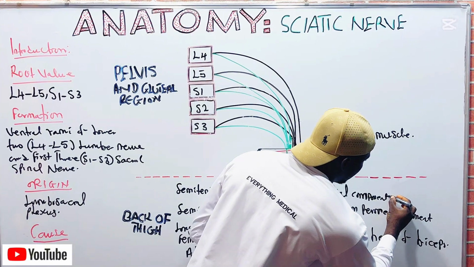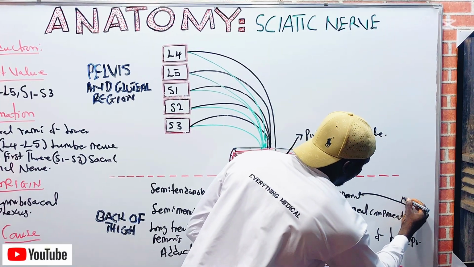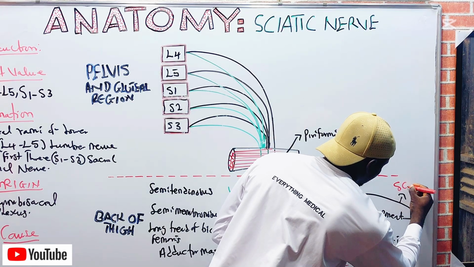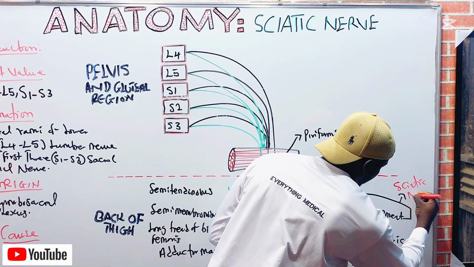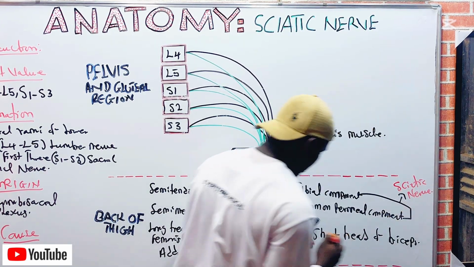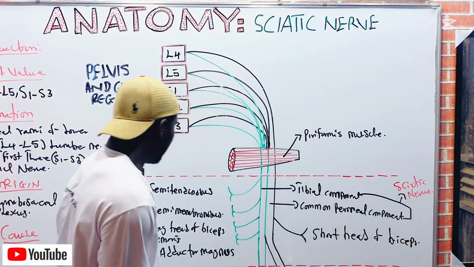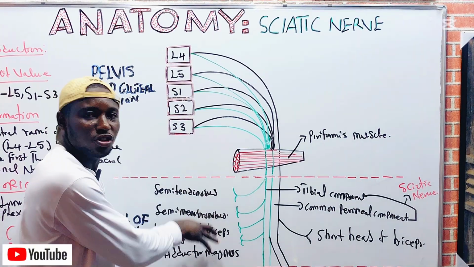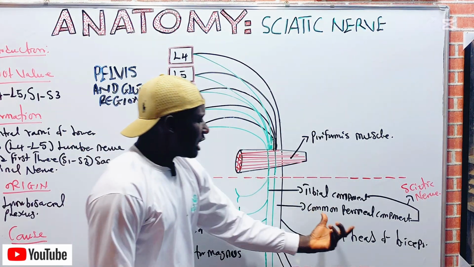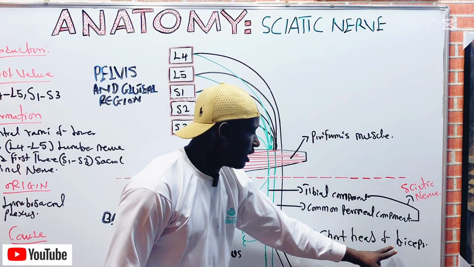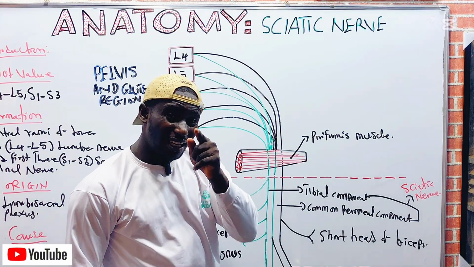It is the two of them that unite to form the sciatic nerve. Okay, the tibial component of the sciatic nerve innervates the hamstring muscles. Now, the common peroneal component of the sciatic nerve innervates the short head of the biceps. That is an important clarification.